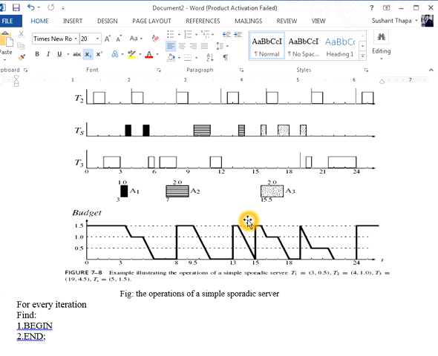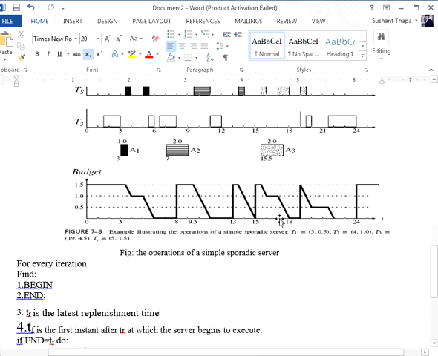We use the formula: replenishment time equals the minimum of next replenishment time and TB. According to that formula, our minimum will be 15, because among 15 and 18, 15 is the minimum, so at point 15 we will replenish the budget again.